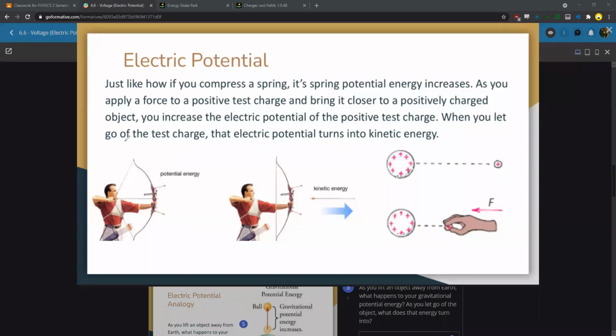Okay. What does that potential energy turn into? The arrow gains kinetic energy, but where is that energy coming from?